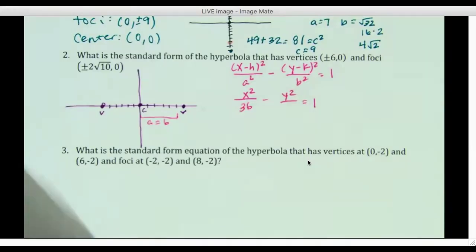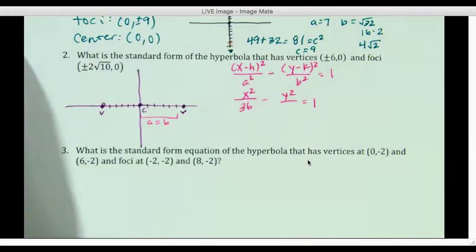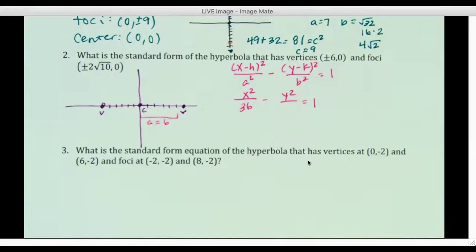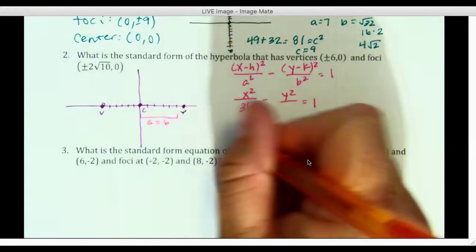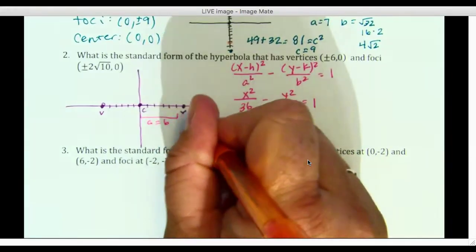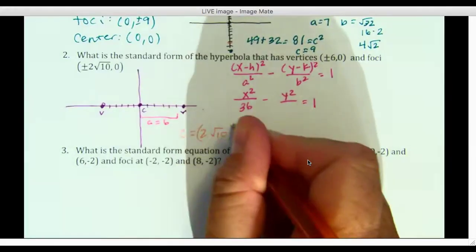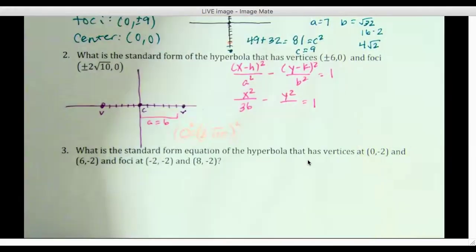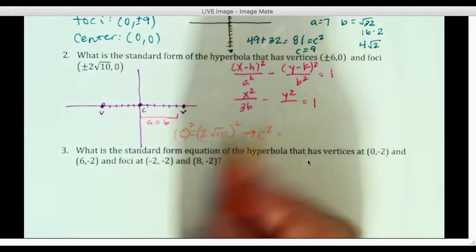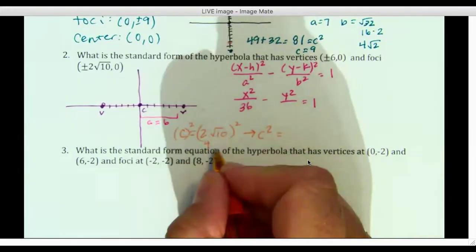Now, they told us that our foci were at 2 square root 10. So 2 square root 10 is a little bit past 6, and we know that that's our c value. So c equals 2 square root 10. And I can square both sides of that to find c squared. So c squared is equal to 2 squared is 4, and the square root of 10 squared would be 10.